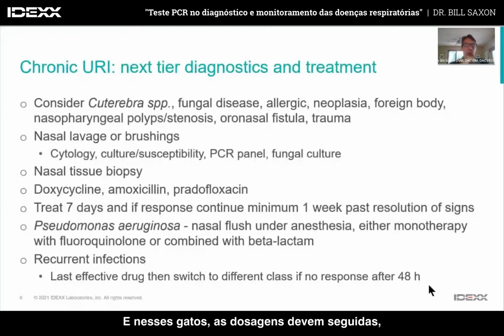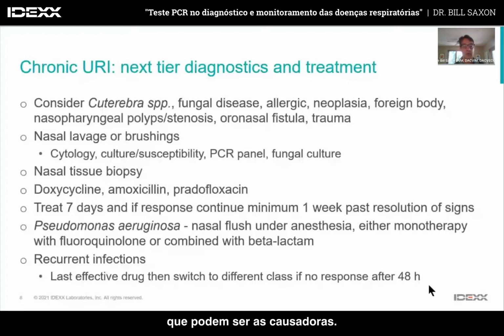And in these cats, again, dosages are to follow, these cats might need additional antibiotic or longer antibiotic therapy, starting again with doxycycline if there's been a relapse and a period of health between recurrence. Amoxicillin, we'll talk about what does and does not respond to amoxicillin in a minute, and then fluoroquinolones, if you're able to use them, can be effective against gram-negatives.